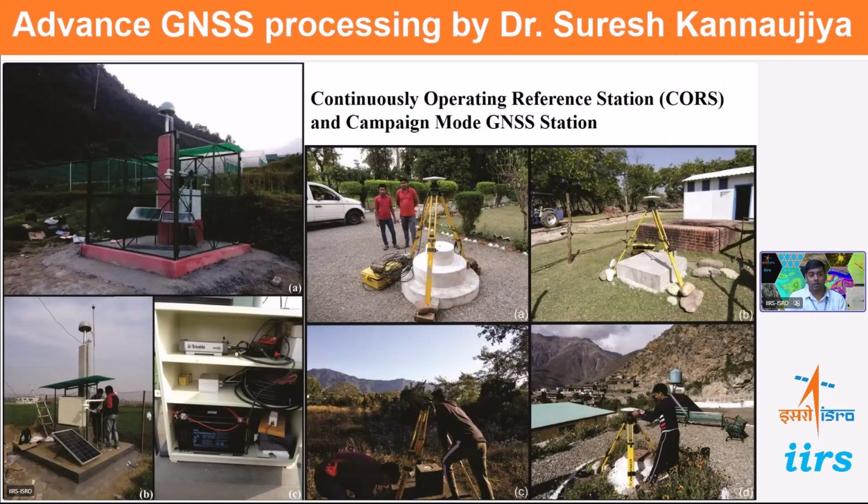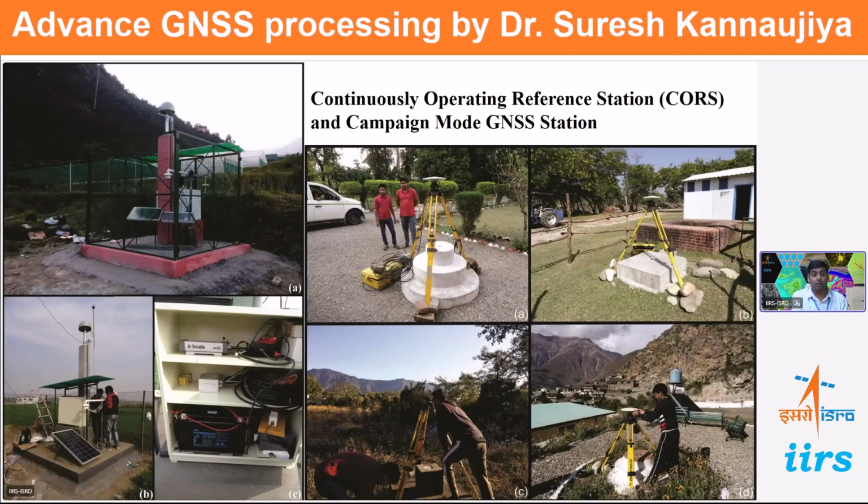This is how we set up these GNSS stations. On the left side, you can see the CORS, the continuously operating reference station, and on the right side, you can see the campaign-based GNSS setup. Both achieve millimeter accuracy, and both setups can be used for monitoring, mapping, and many applications.